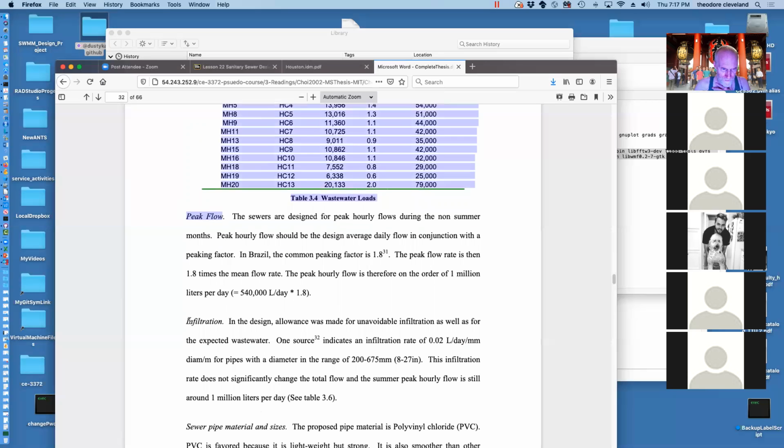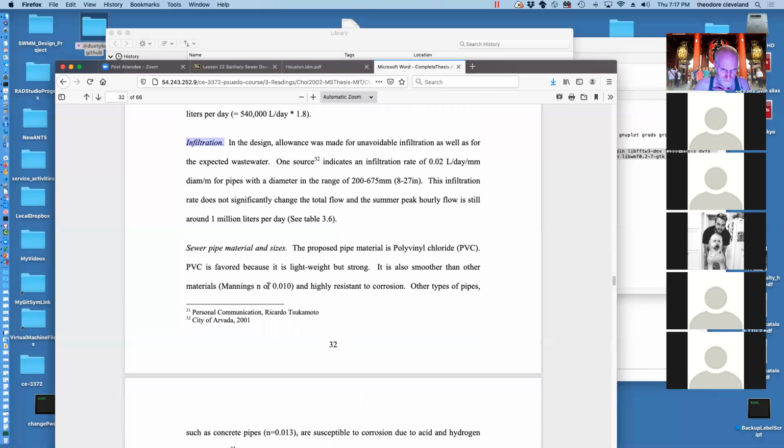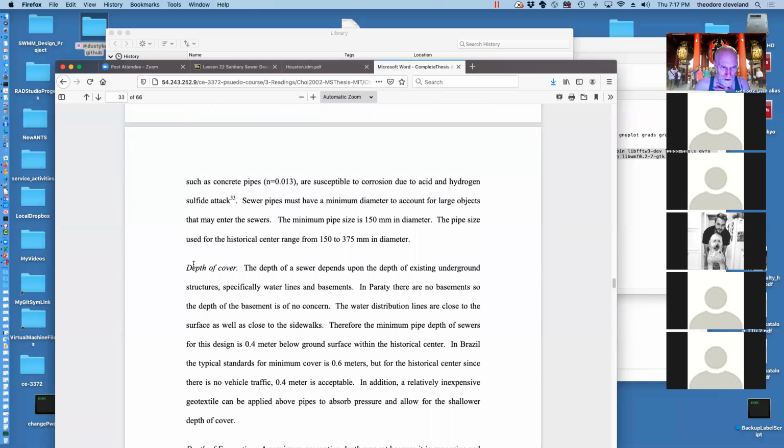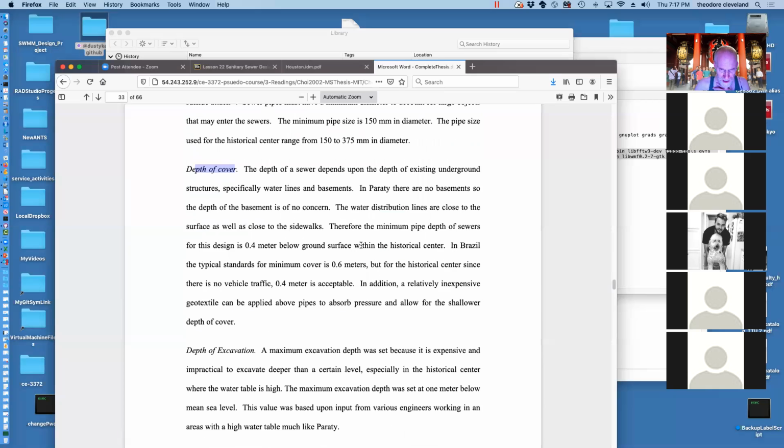Peak flow, infiltration, sewer materials, depth of cover. In this particular study, the depth of sewers is 0.4 of a meter below the ground surface, which would be less than 2 feet. That's kind of shallow by our standards.